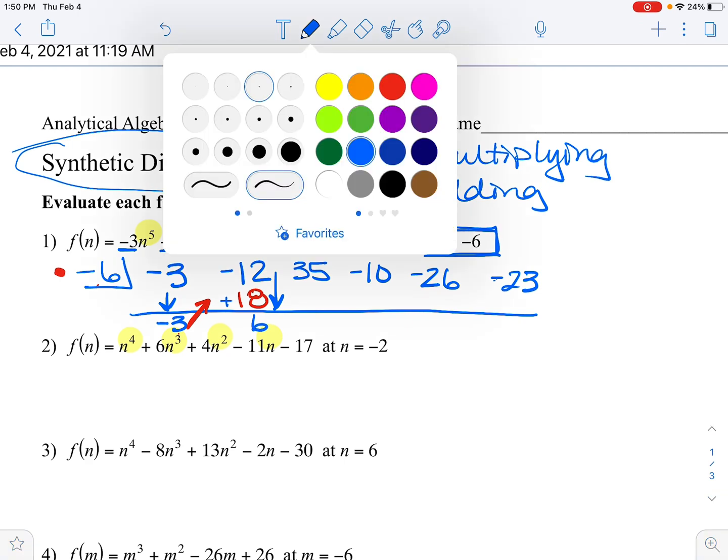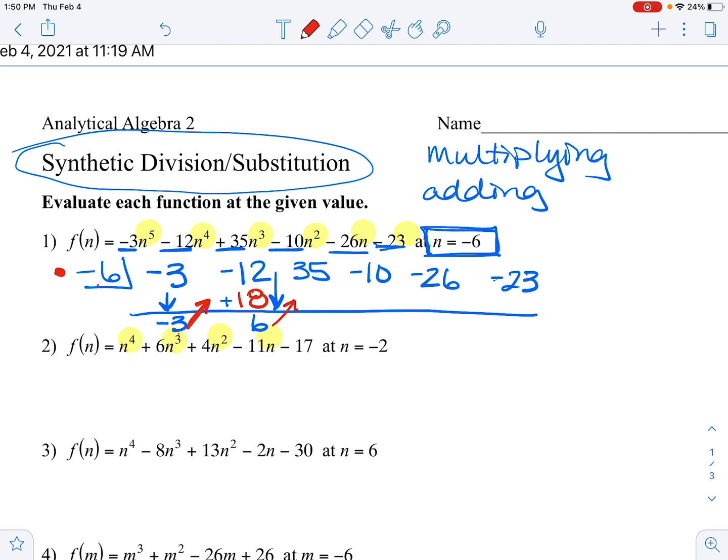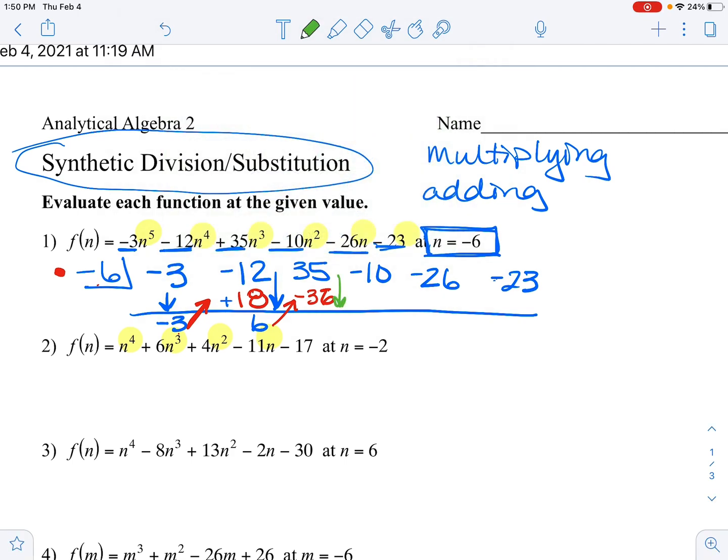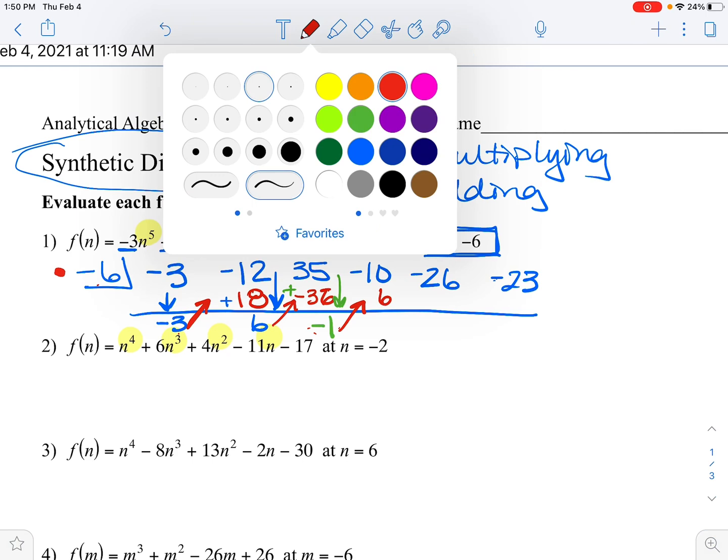Then you do your multiplication again. -6 times 6 is -36. And then we add straight down, which is a -1. Multiply up, -6 times -1 is a positive 6.